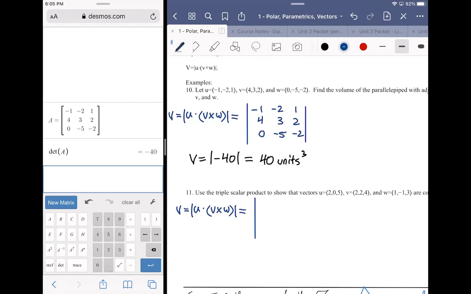So we're looking at 2, 0, 5, 2, 2, 4, and 1, negative 1, 3. So I'll pop in a new matrix.